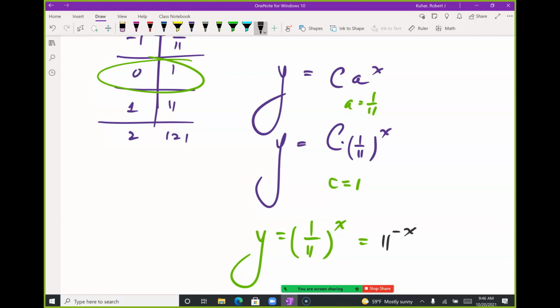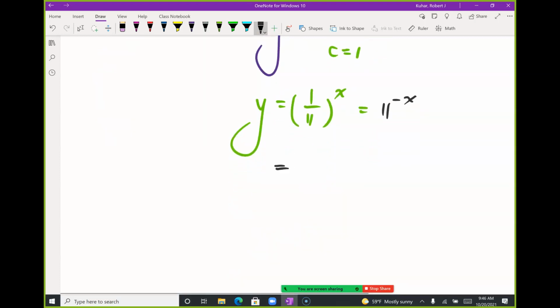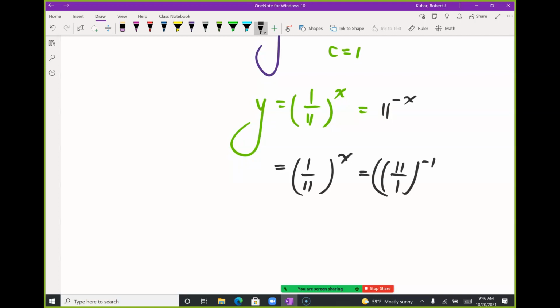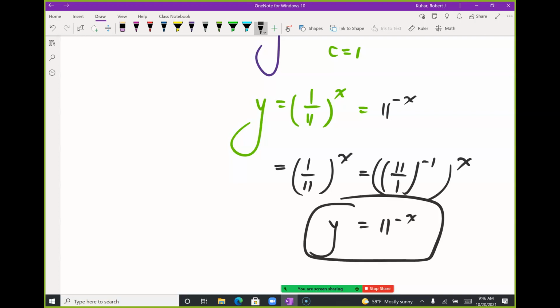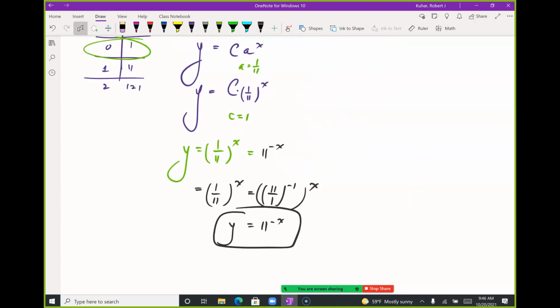I guess I skipped a step there. So 1 over 11 is the same as 11 over 1 to the -1, and then I'm multiplying the exponents. The book, MathXL, would accept either answer. I'm just trying to write things with the least number of pen strokes for the least amount of code.